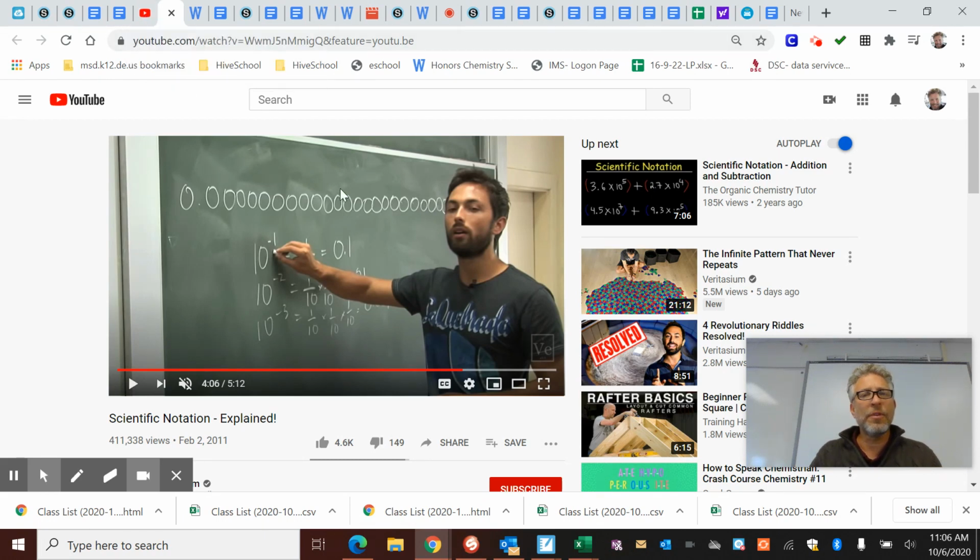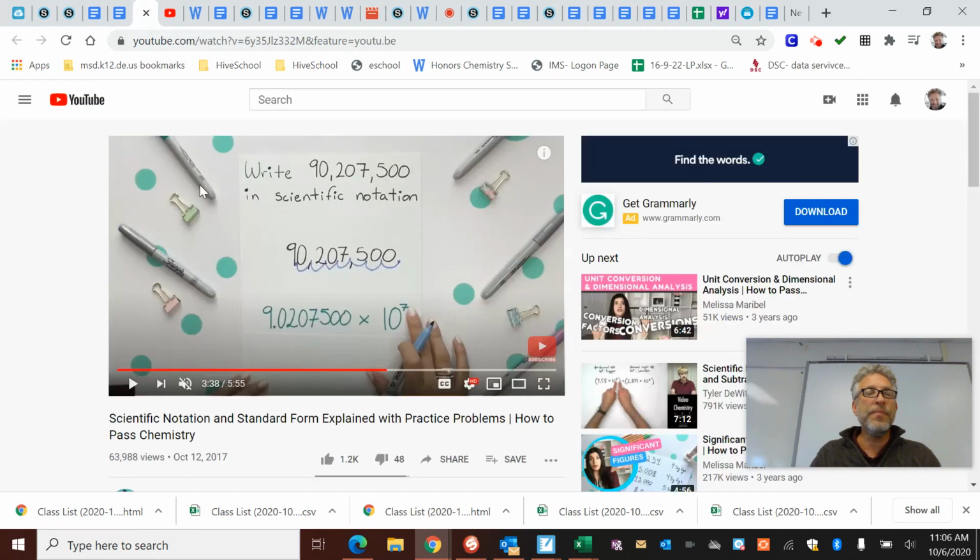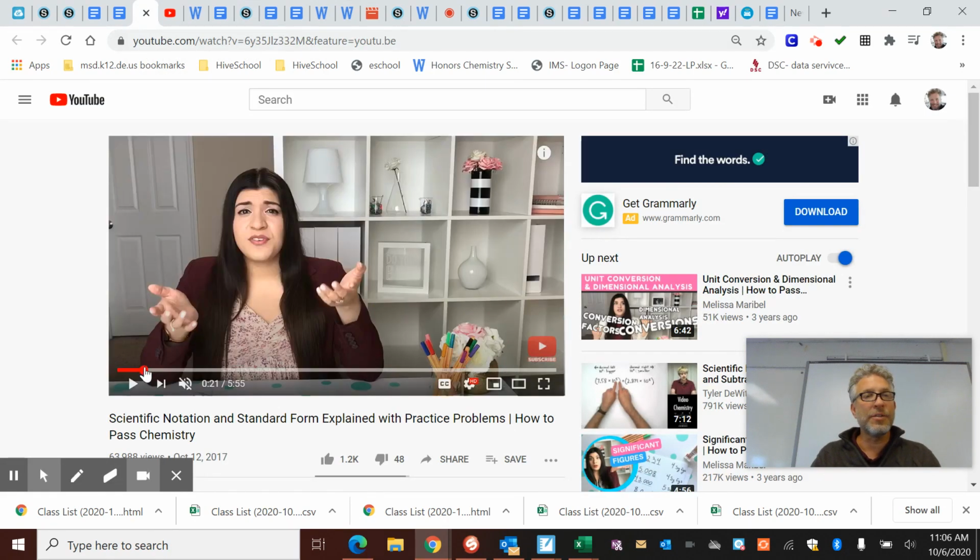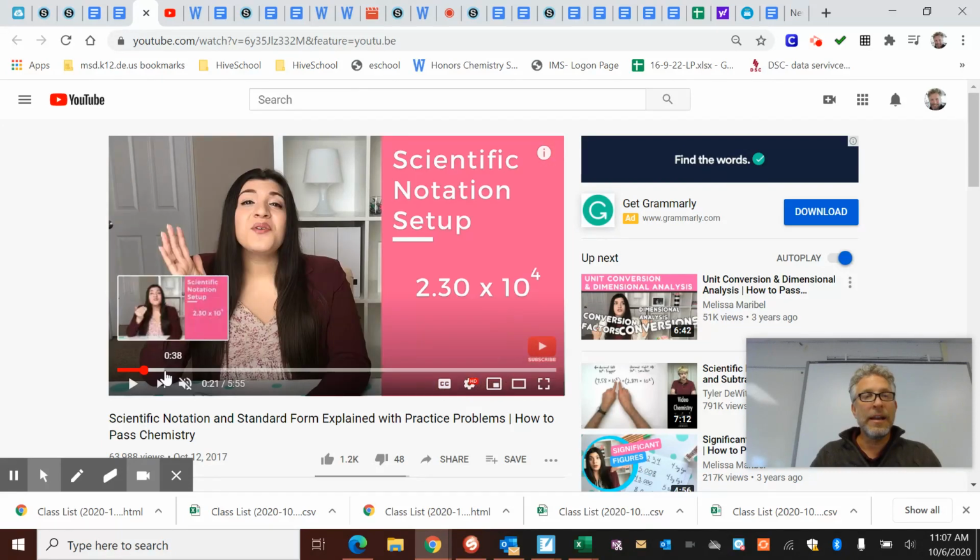So I really like this explanation. I think this young lady does a great job at explaining how to convert between standard notation and scientific notation. Standard notation is sometimes called full decimal on some calculators.